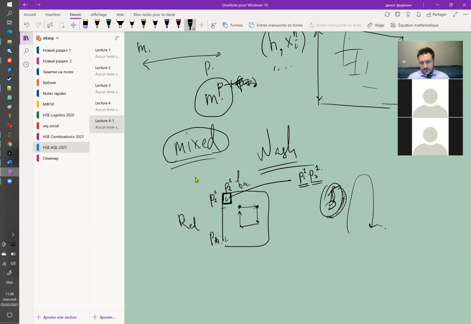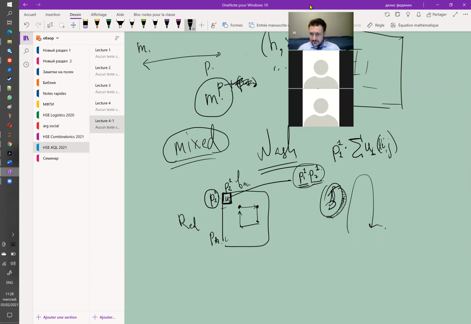If you have utility here, then our utility is this one. But when we want to find the total utility, then for this strategy, what we need is to multiply this probability and sum over our choices here. So it's i for the first, and here are the indexes of these choices. For example, we can say that it's xj.